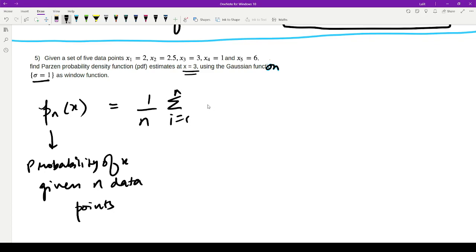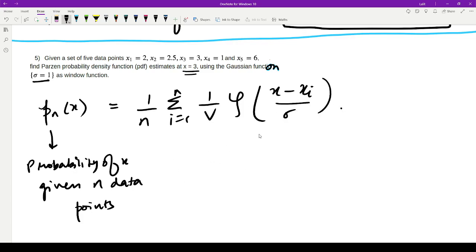Sum over i equals 1 to n of 1 by V, and this phi is a function of x minus xi upon sigma. I don't think it should be written like this, but it's fine actually, doesn't matter.